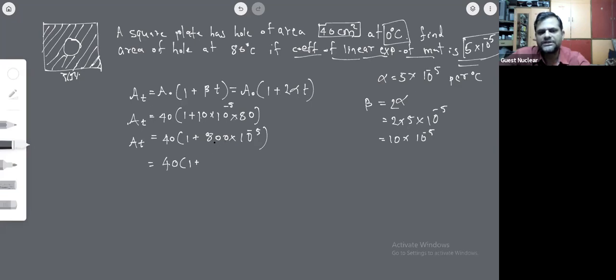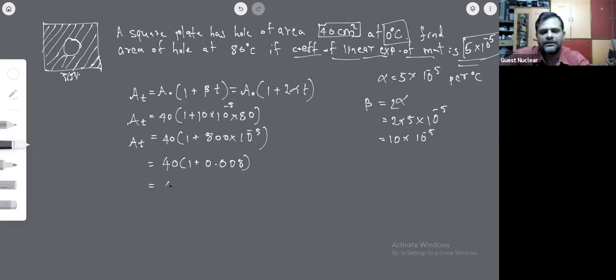If we shift the point 5 digits back, we will get 0.008, sorry, not 0.08. Look, the point was here, 1 2 3 4 and 5, so 0.008 will come. So it will be 0.008 in this way, and then we can find the final value.